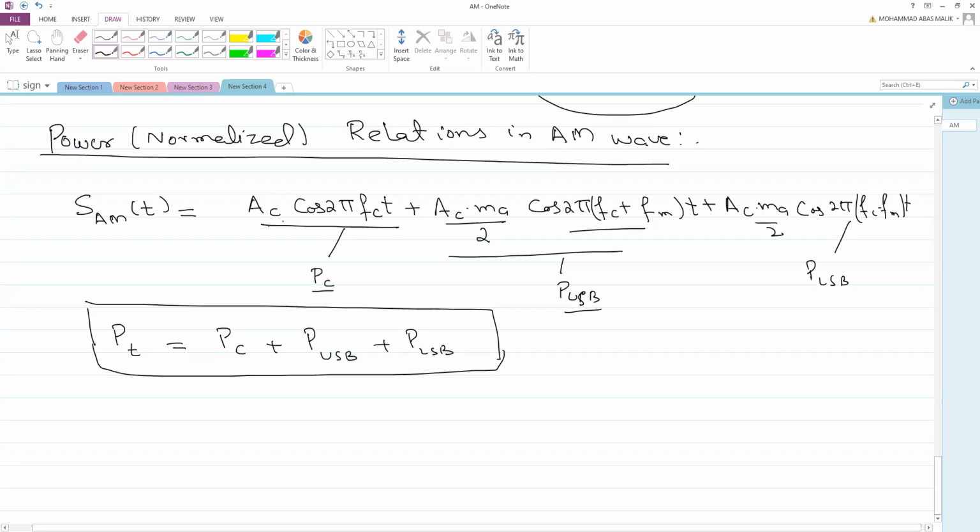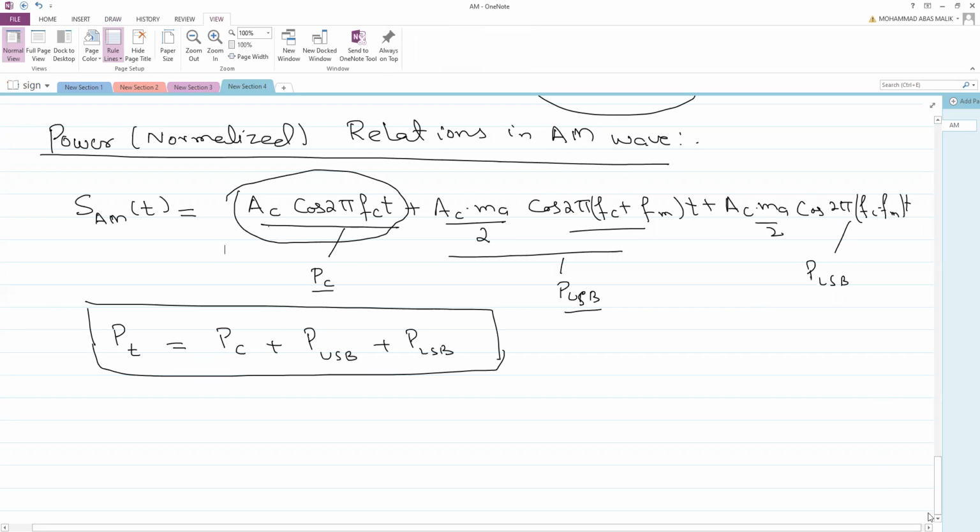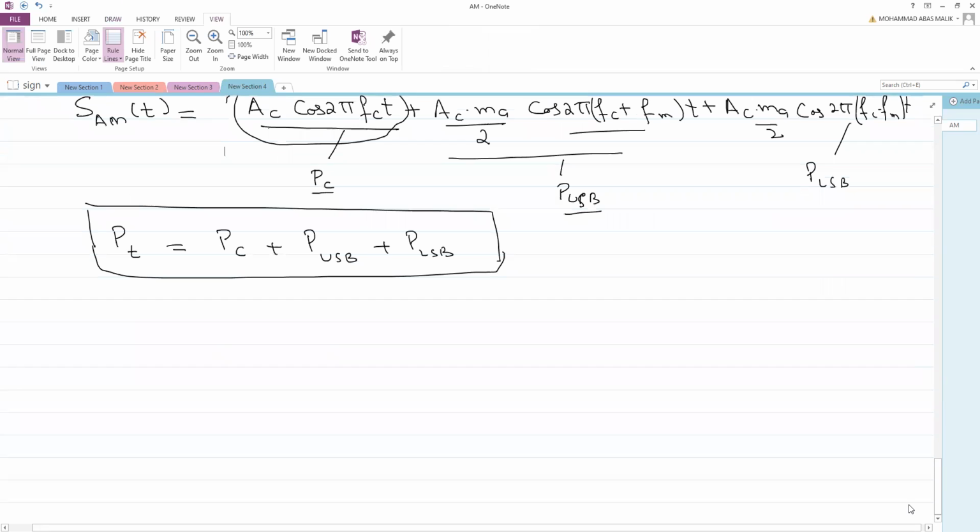Now, can anybody tell me what will be the value of the power of this? Tell me. Whenever you have a sinusoidal signal, Ac cos(2πfct) or sine of omega t, suppose x(t) equals this, the power will always be equal to (Ac/√2) whole square, and Ac/√2 is its RMS value.